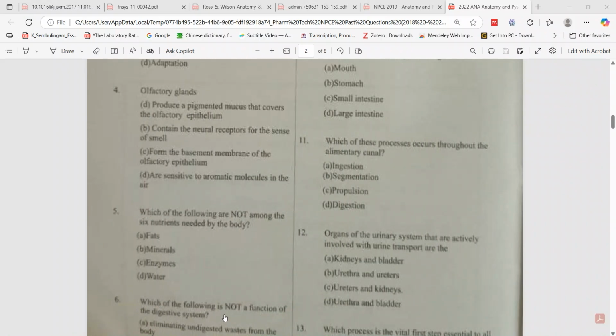Okay, so let's continue, question 4. Olfactory gland. A. Produce a pigmented mucus that covers the olfactory epithelium. B. Contain the neural receptor for the sense of smell. C. Form the basement membrane of the olfactory epithelium as sensitive to aromatic molecules in the air.